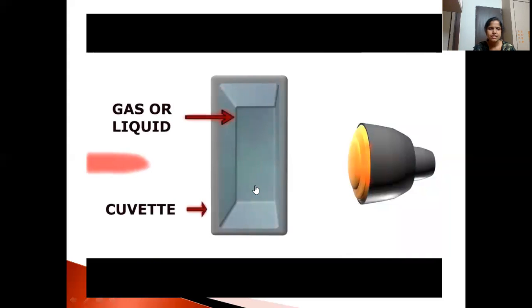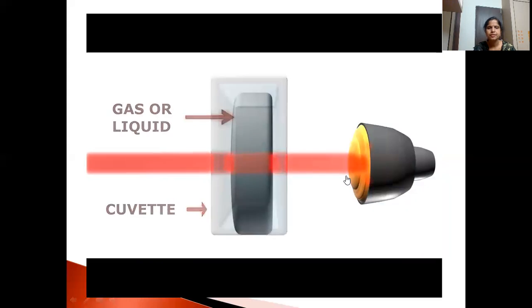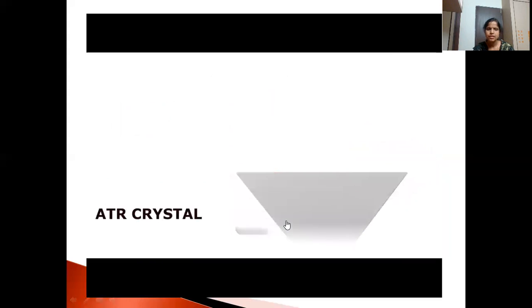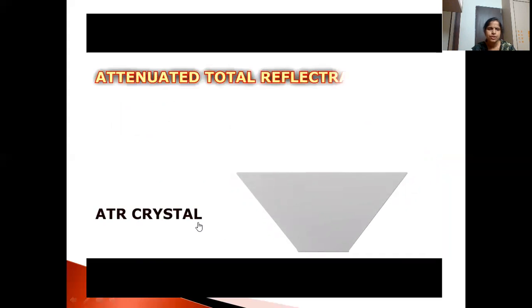When we have a gas or liquid as a sample, we can directly take it in a cuvette made of sodium chloride, so the transmitted light falls on the detector and the spectrum is recorded. Or you can take it in the form of pellets which are transparent to IR radiation, or else we can use ATR crystals, where the sample can be loaded.